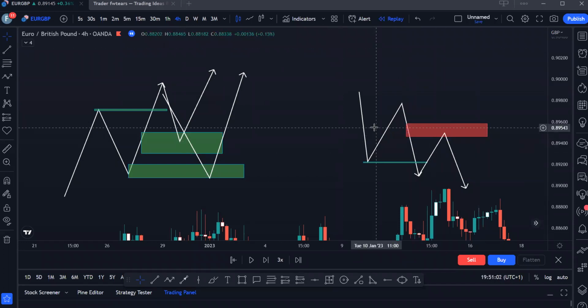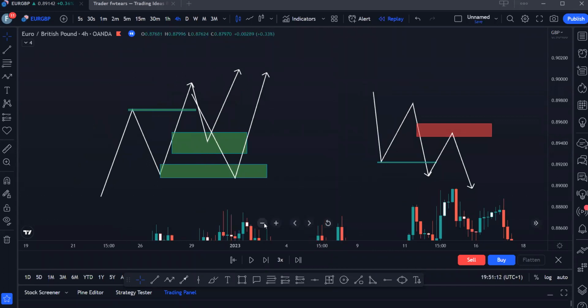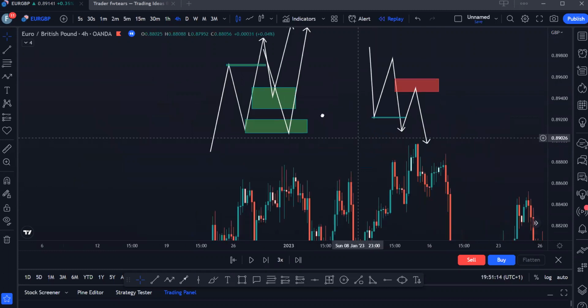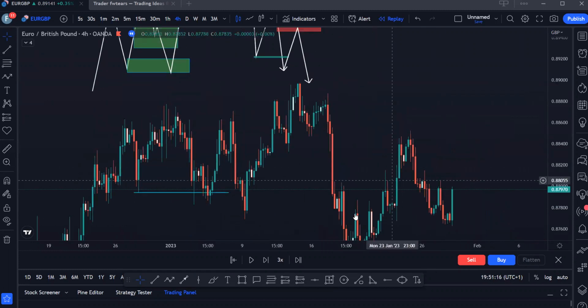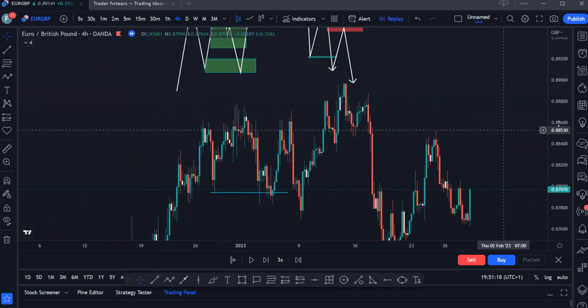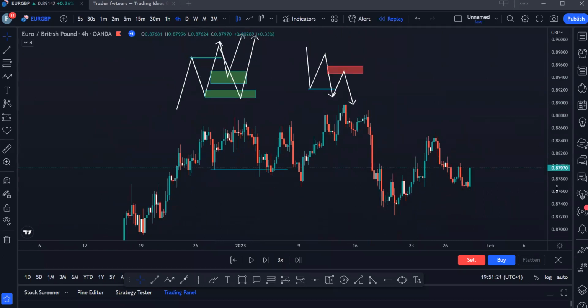Where price is in an uptrend, look for how price is reacting at a support zone. Where price is in a downtrend, look for how price is reacting in a resistance zone. That is the message I need you to understand. And in the next few weeks of your screen time analysis, that is what I want you to practice.